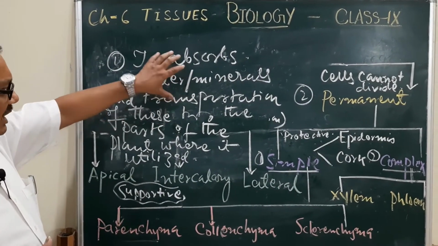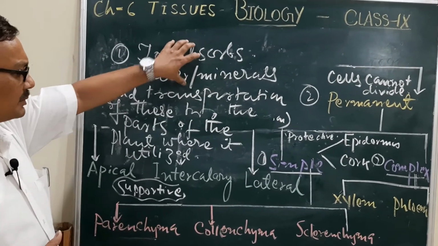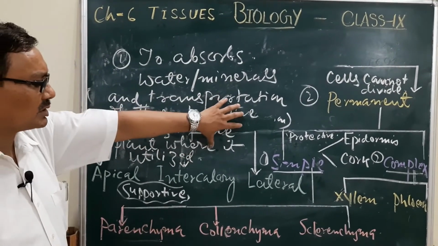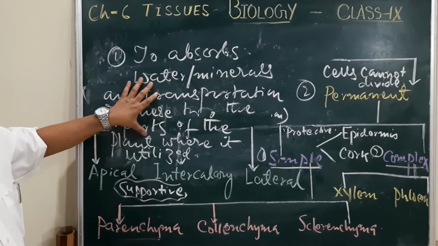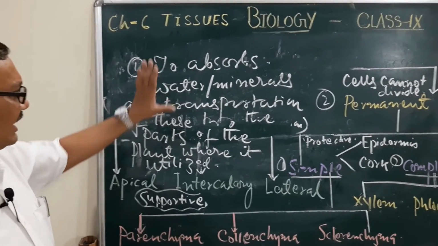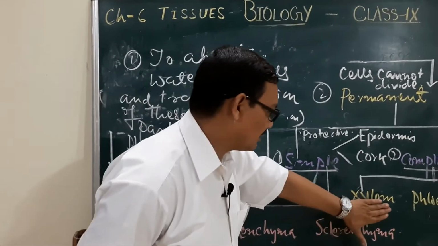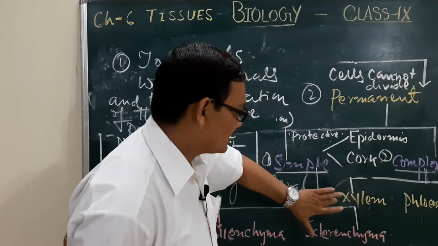The water and minerals which are absorbed are to be transported to those parts of the plant body where they will be utilized. This is the first purpose, and it is carried out with the help of the network of the xylem tissue in the plant body.